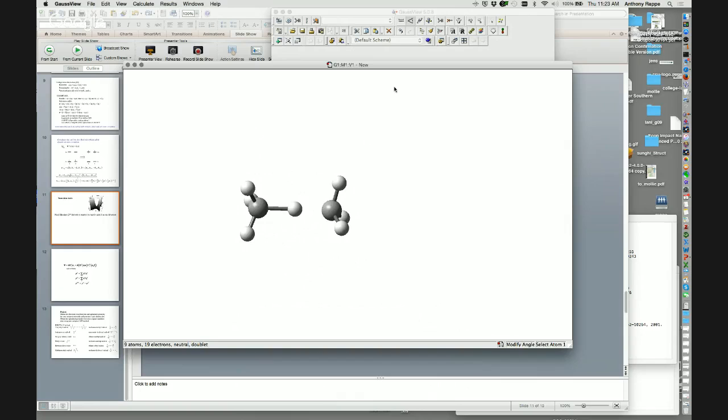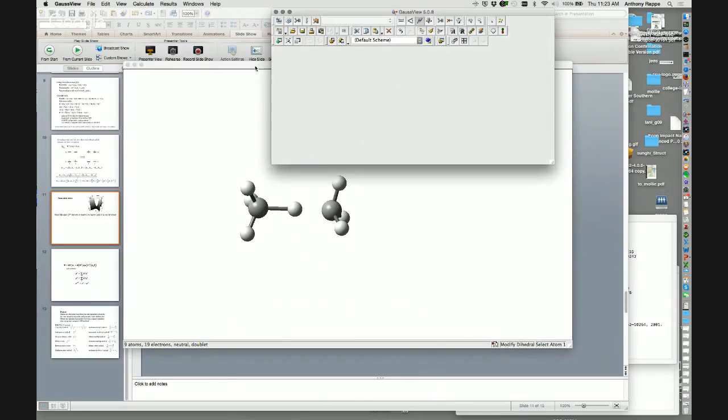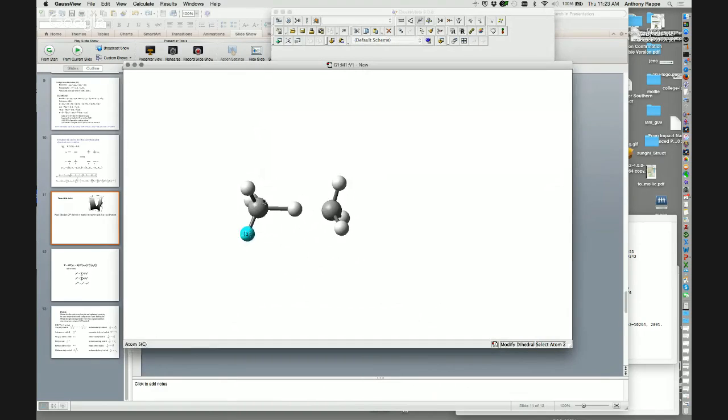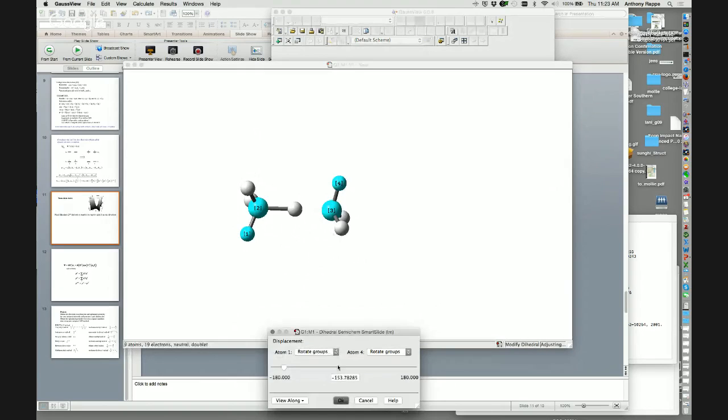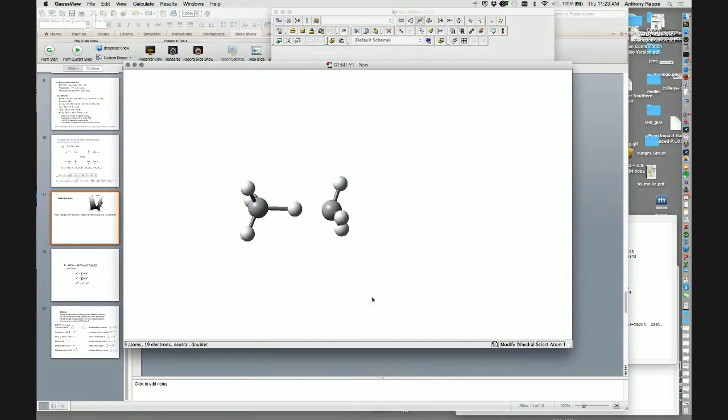And one more adjustment, it wants to be sort of a staggered orientation, keeping those bonds, those sort of spectator bonds, as far away from each other as possible.